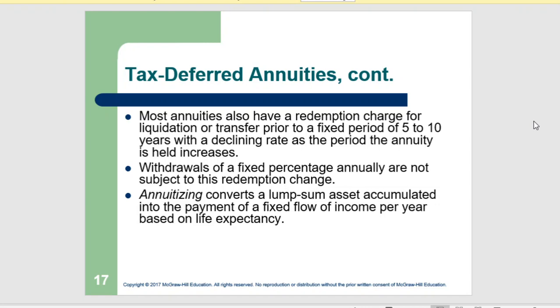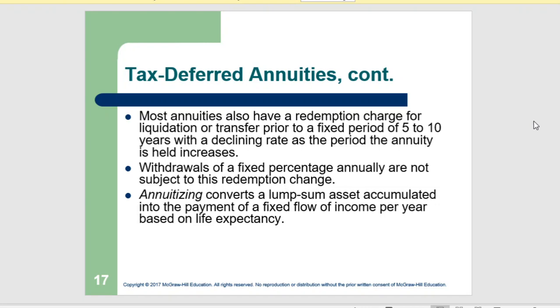You can also do something called annuitizing. That converts a lump sum asset accumulated into the payment of a fixed flow of income per year based on life expectancy. So if I write a big check, and then I annuitize that asset, that converts it into a fixed flow of income based on my life expectancy.